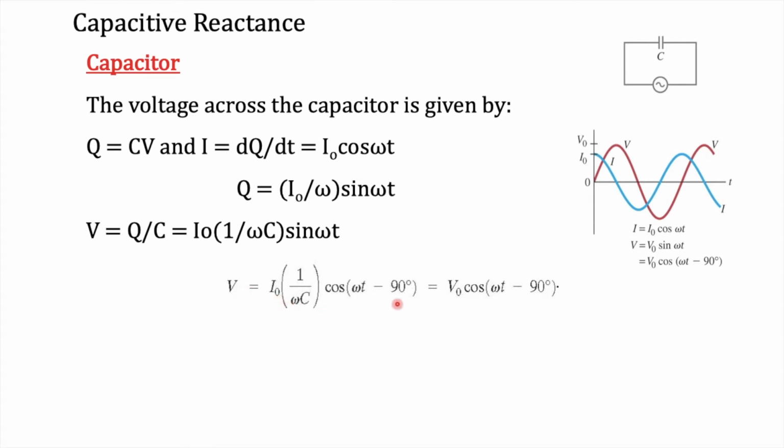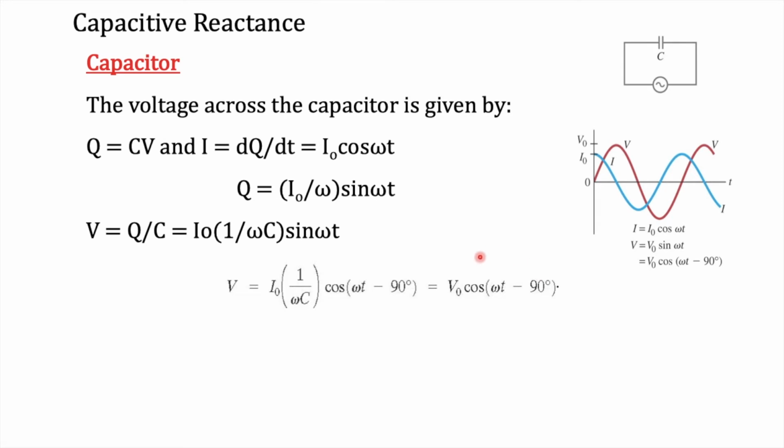V equals all this term, or I can rewrite this with my constant, the peak voltage V naught, where V naught is I naught divided by omega C. Hence V equals V naught cosine omega t minus 90.